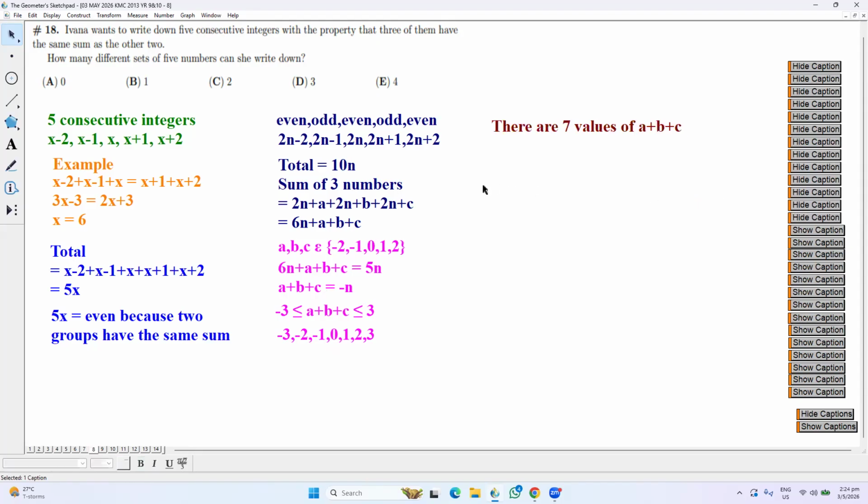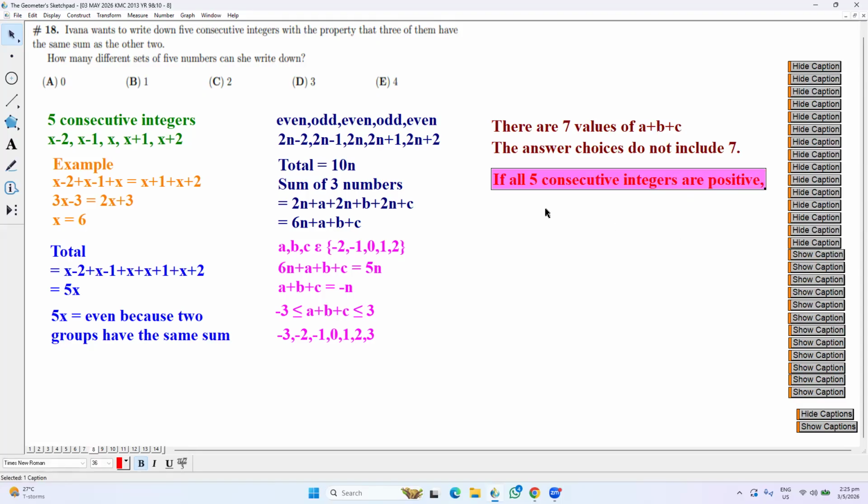Then we find that the answer is 0, 1, 2, 3, 4. But we have 7 values. So we consider positive integers. The answer choices do not include 7. So if all 5 consecutive integers are positive, the smallest number must also be positive. 2n minus 2 must be at least 1, positive integer minimum is 1. 0 is not positive.